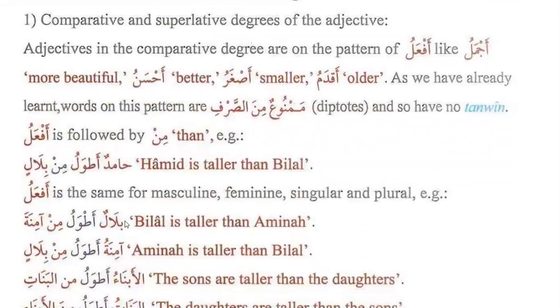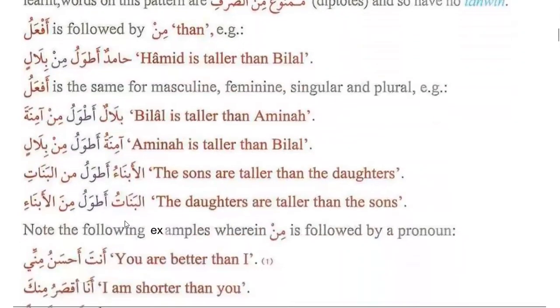Afalu is followed by min, than, e.g., Hamid is taller than Bilal. Hamidun atwalu min Bilalin. Afalu is the same for masculine, feminine, singular, and plural. Bilal is taller than Amina.